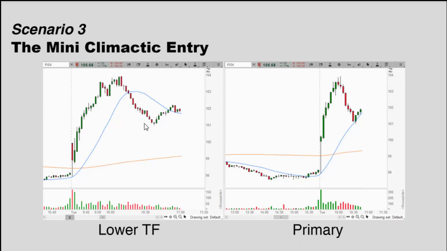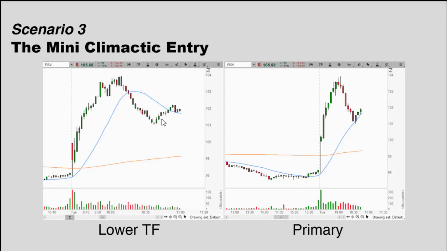So from the original entry you got down here, now this is an opportunity to add and reduce your position for possibly bigger gains. Now remember, this only applies when the conflicting time frame goes a bit climactic and it's extended.